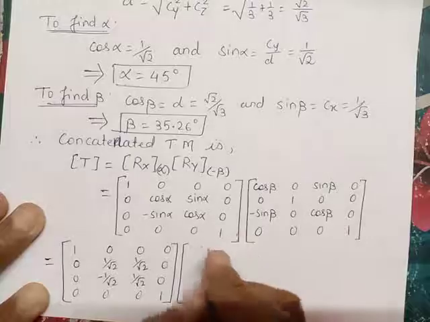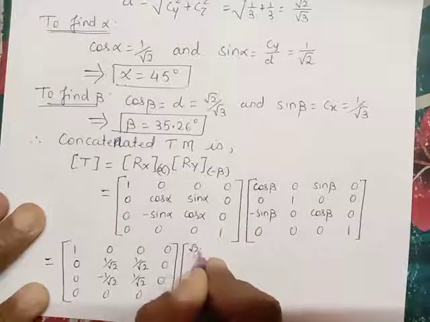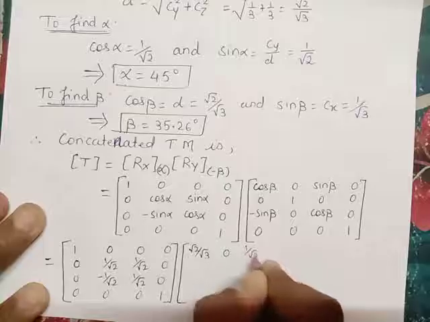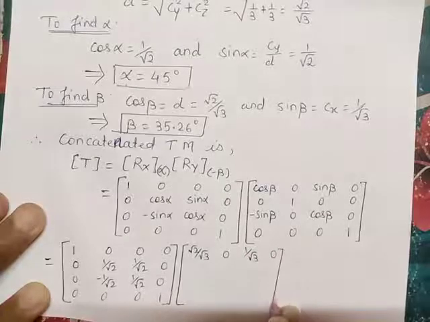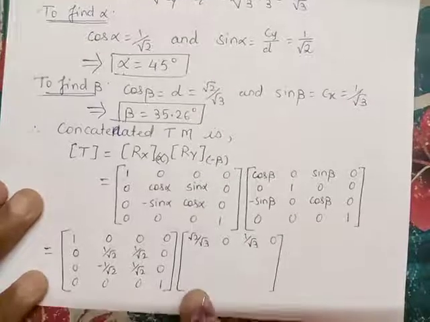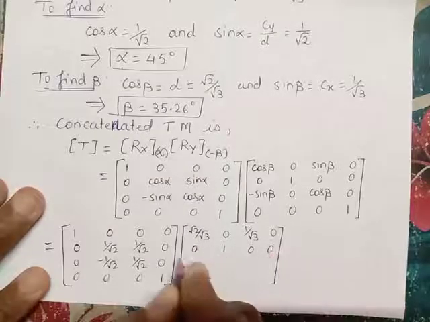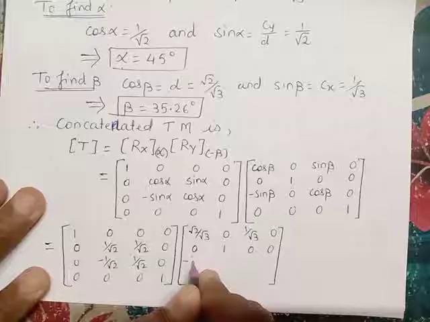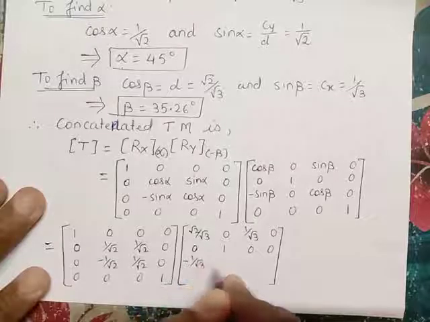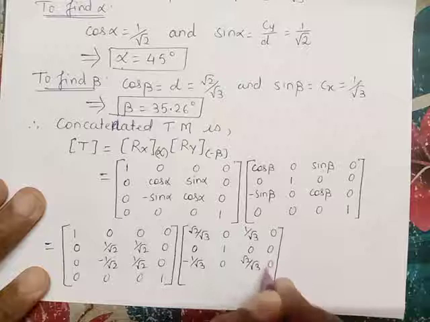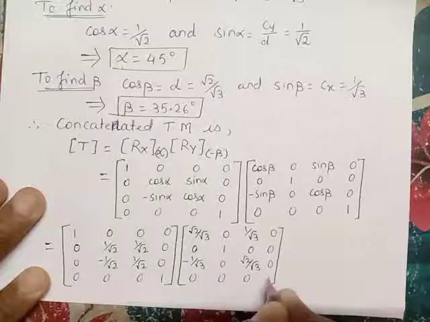Again here cos of beta is root 2 by root 3, 0 1 by root 3, 0, right? Then 0 1 0 0, here minus 1 by root 3, 0 root 2 by root 3, 0 0 0 0 1.